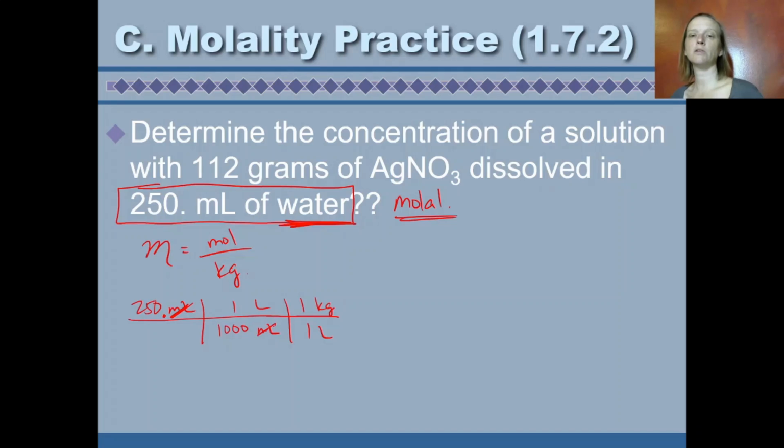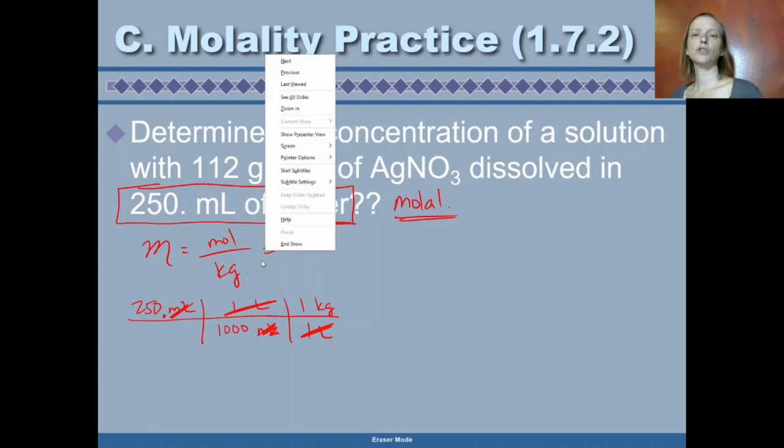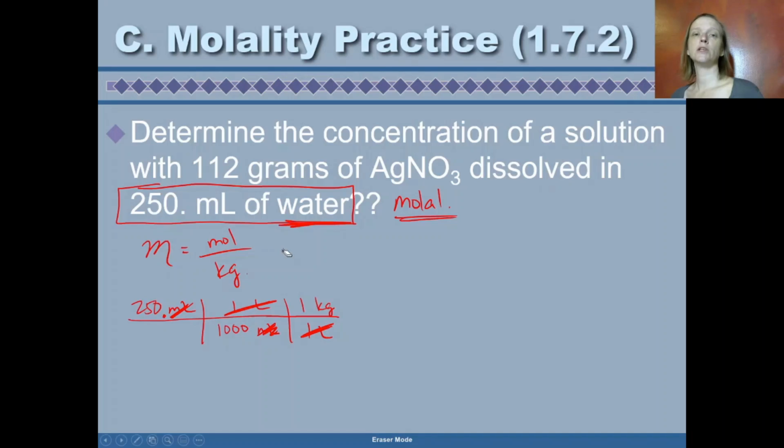So milliliters cancels out, 1 liter cancels out with 1 liter. We're left with kilograms. And so we're just going to use 0.250 kilograms as our mass of solvent.